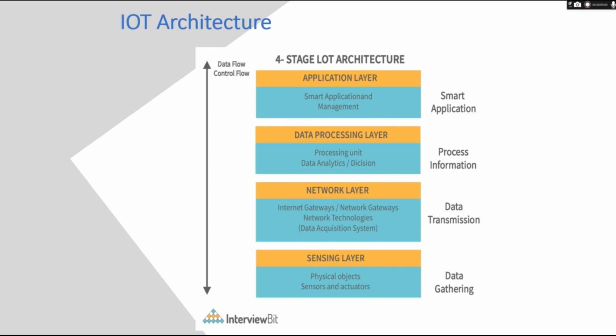After the transmission, data is sent to cloud storage, in which the processing unit will analyze the data and make decisions, and transfer it to the application. After that, the data is sent to the application layer, where any user or managing committee can directly see or manage this data. Now moving forward, our project requirements.